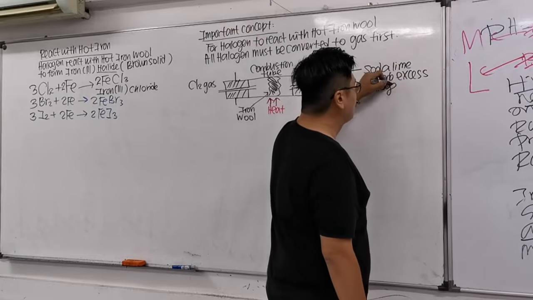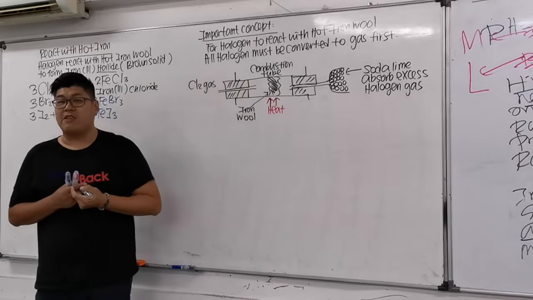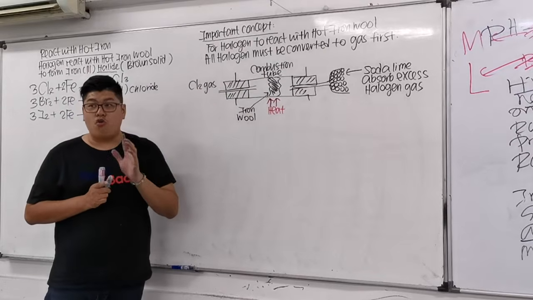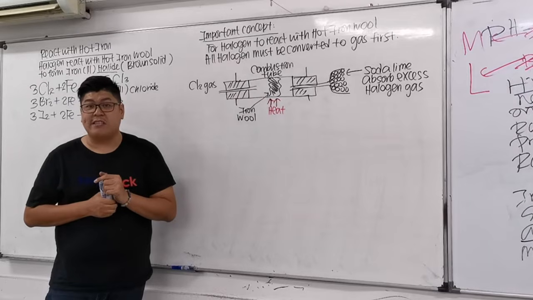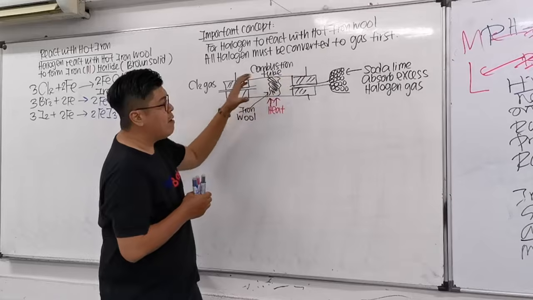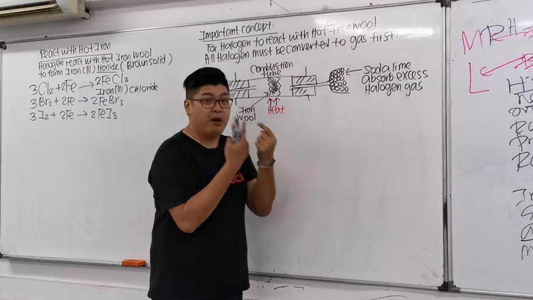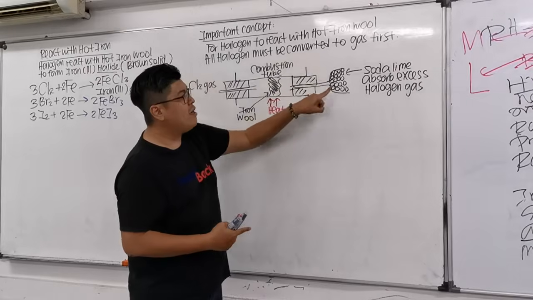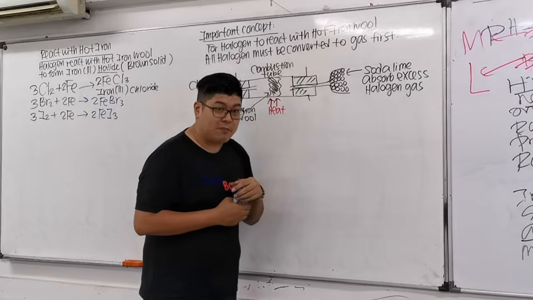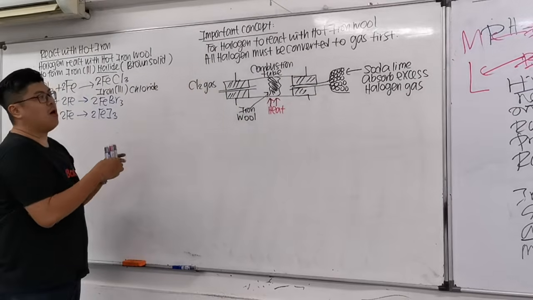Because you will learn shortly, all halogen, all group 17 gases, are toxic. So you don't want the additional chlorine pushed up to the atmosphere, where it becomes a toxic gas which we can inhale. The soda lime will absorb all the toxic gas, so none can go to the atmosphere, which is better. So far so good? So this is the first one. I'll write the observation in a short while, no worry.